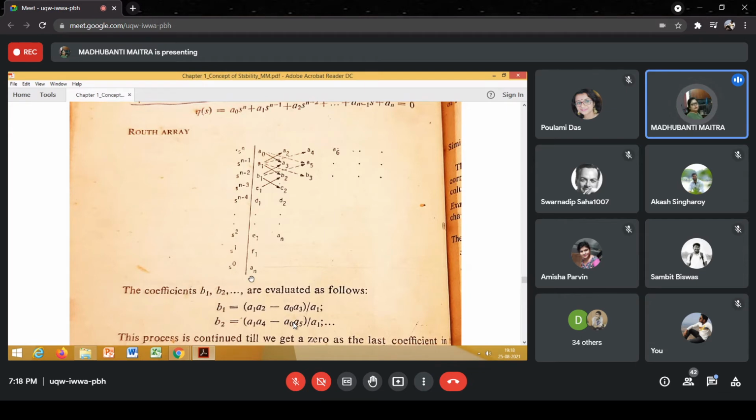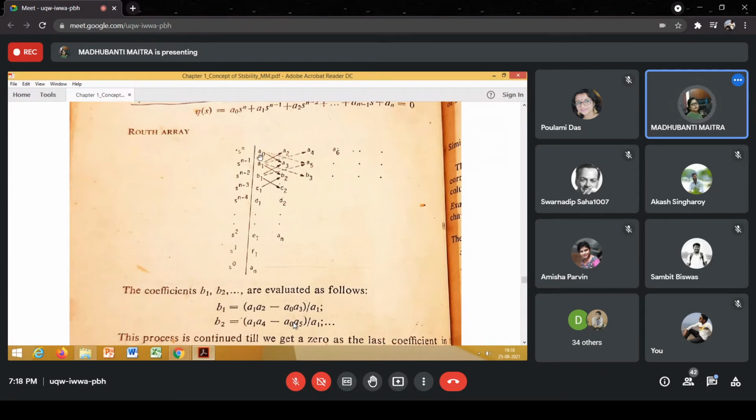So if all the terms appearing in the first column of Routh array are not of the same sign, then the system will be unstable. And there is a second part. What is that?